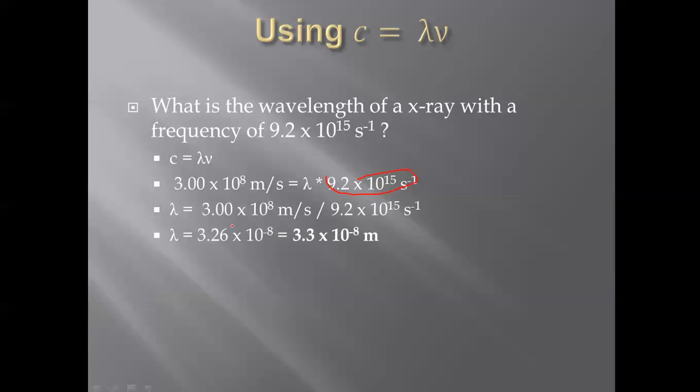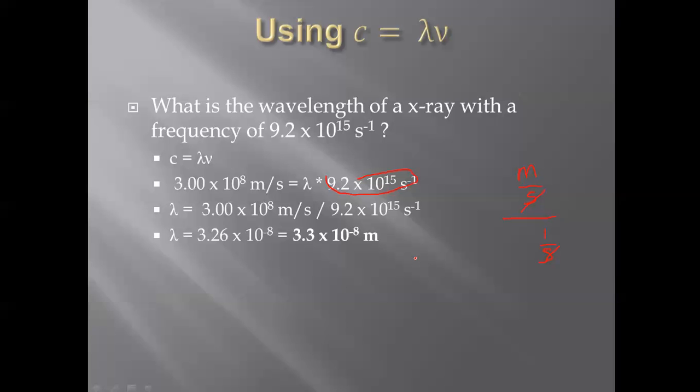So when we do that division, 3 times 10 to the 8th meters per second divided by 4.92 times 10 to the 15th seconds to the minus 1, with our units, we have meters per second in the numerator, and we're dividing that by this. So these two end up canceling out, and it leaves us with a unit of meters.